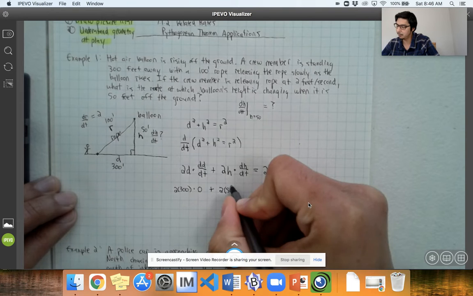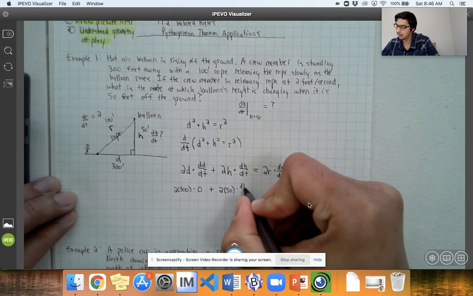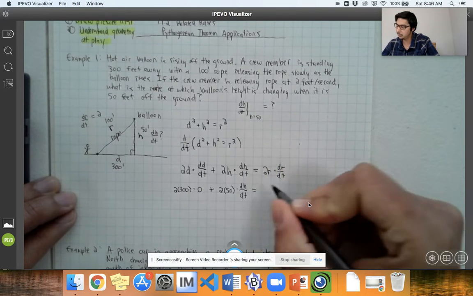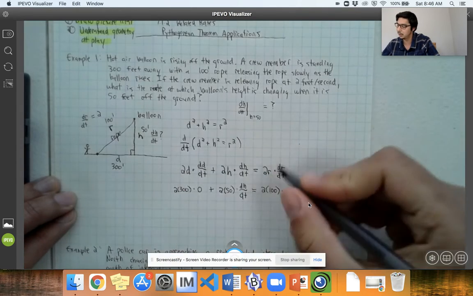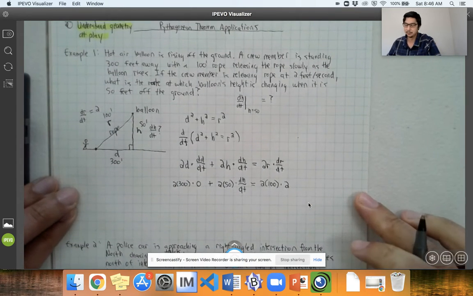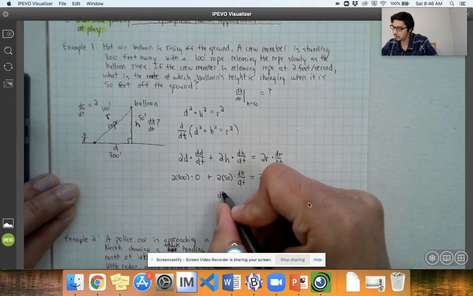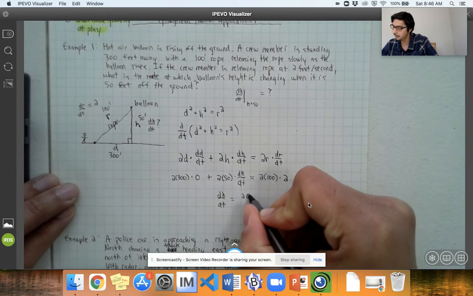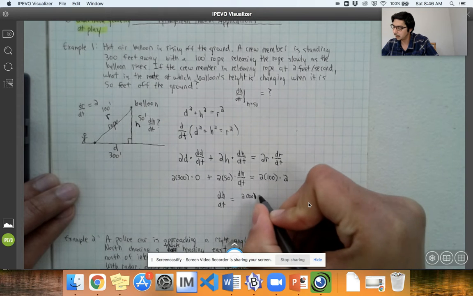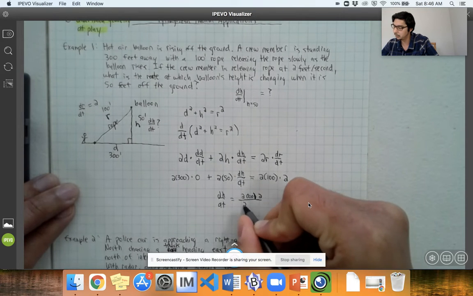And then we don't know dh/dt, so we'll just write that. It's equal to 2, and the length of the rope is 100, and it's saying that he was releasing the rope at 2 feet per second. So we would get that dh/dt is going to equal 2 times 100 times 2 all over 2 times 50.